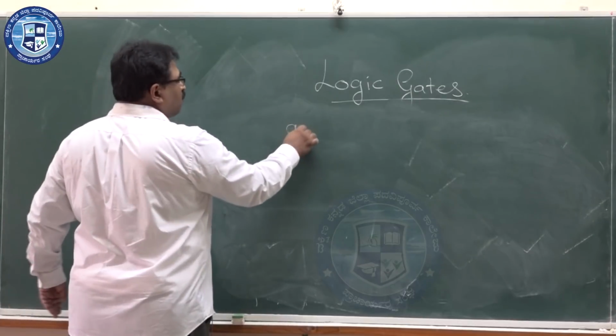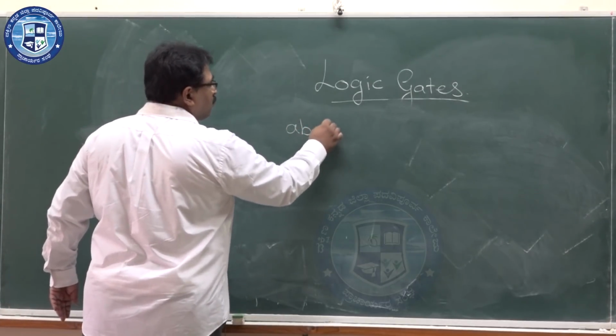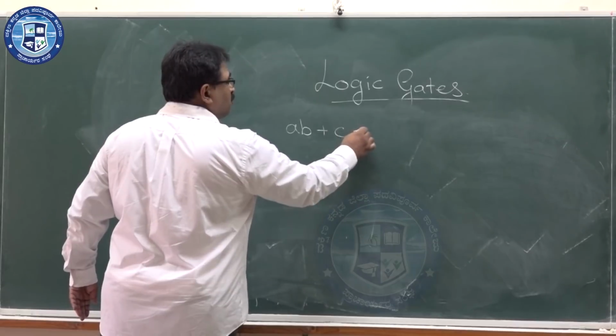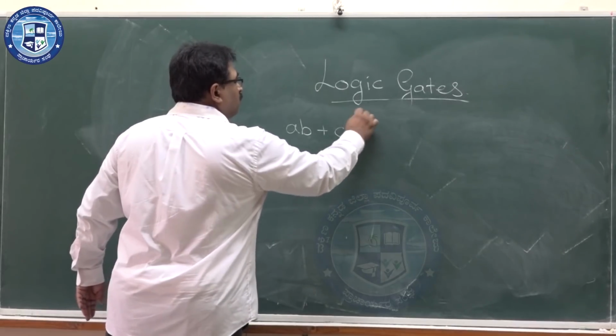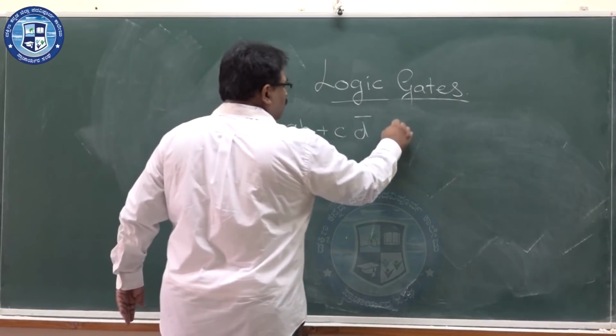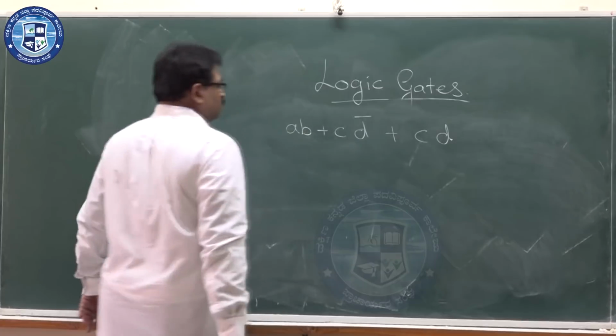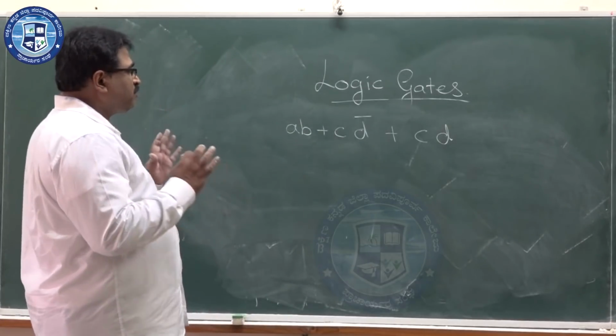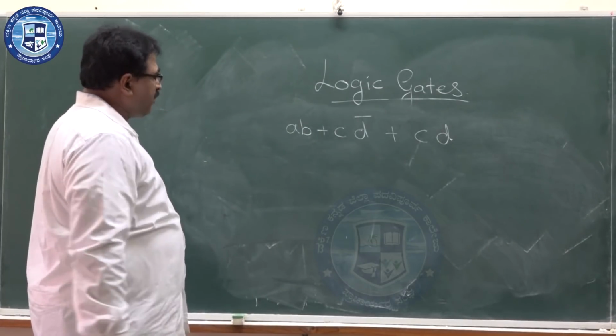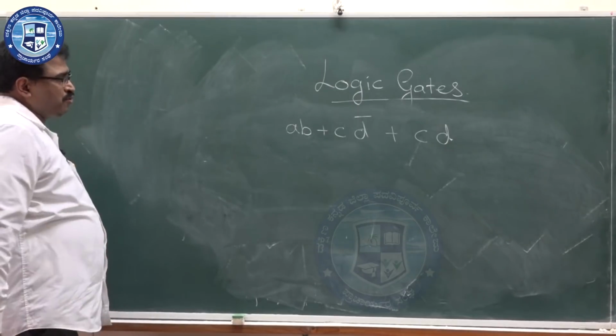For example, I have an expression AB plus C D bar plus C D. This is the expression I have, and I am told to draw the circuit.